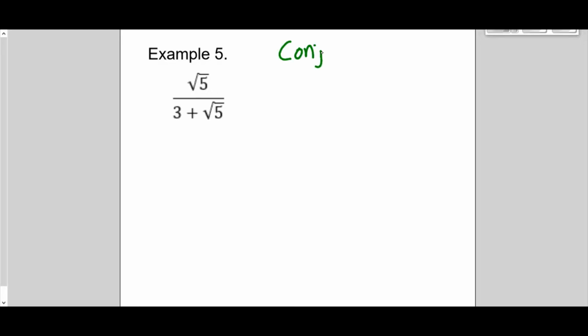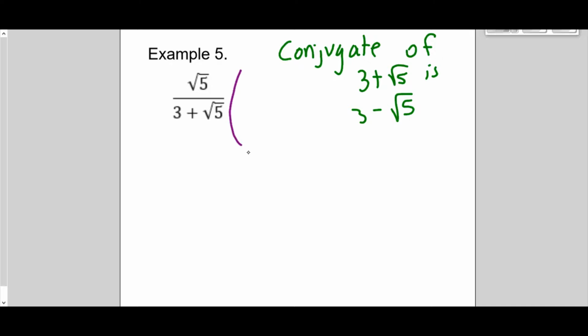The conjugate of 3 plus square root of 5 is 3 minus the square root of 5. So I'm going to multiply by the conjugate divided by itself. This would be 3 minus the square root of 5 over 3 minus the square root of 5.